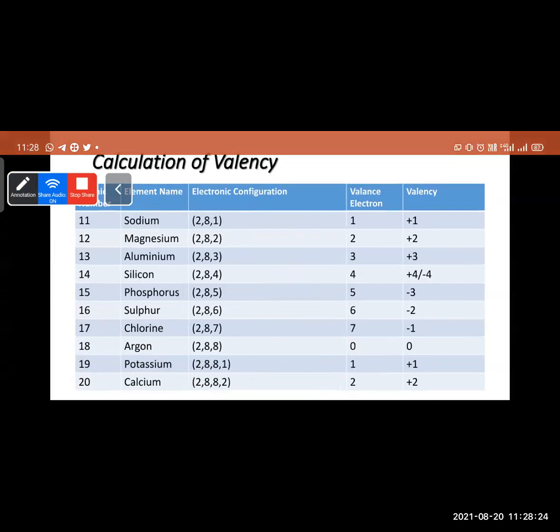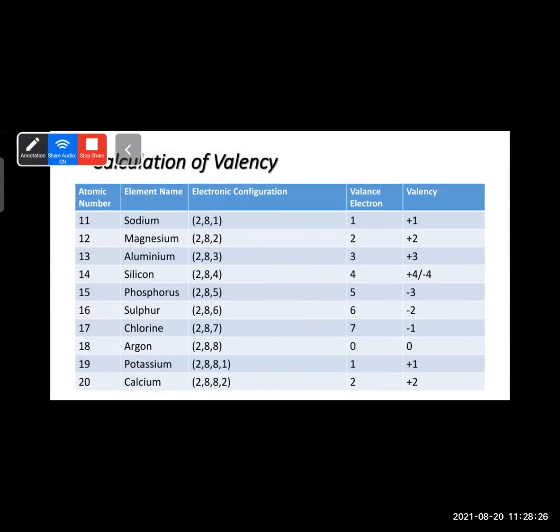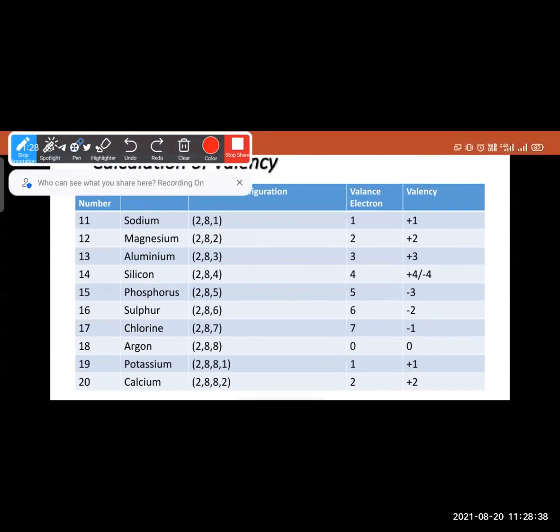Now we will again calculate some atoms till atomic number 20 to get it clarified. Sodium, atomic number 11, will have electronic configuration 2, 8, 1. Outermost orbit contains 1 electron.